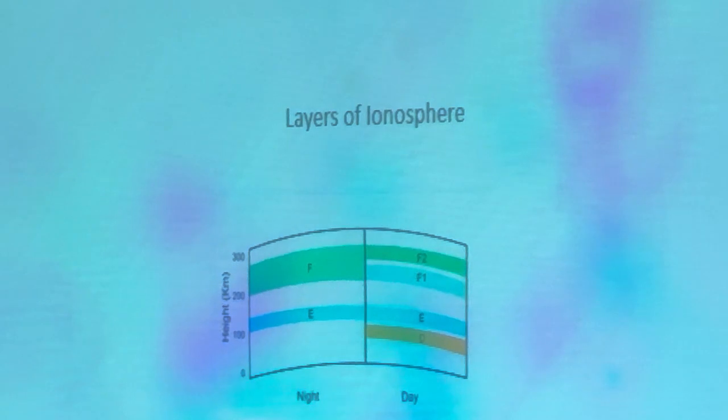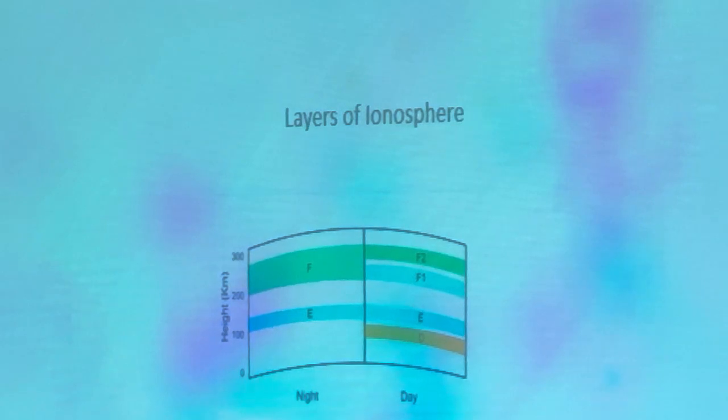Then we have the F layer. As you can see, at nighttime, we only have one F layer. During the daytime, the F layer actually becomes two. There's an F1 and an F2 layer.